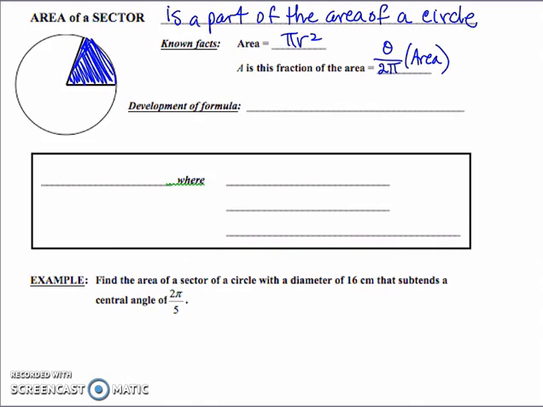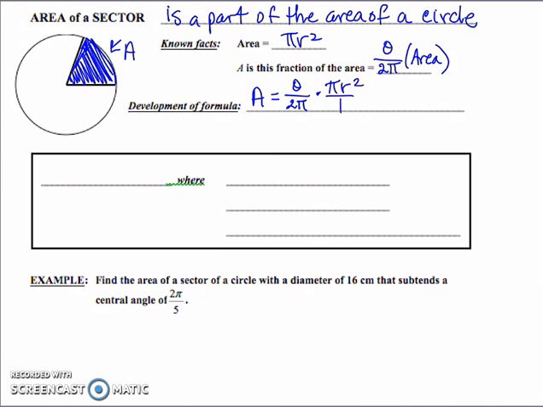We're just going to call that little sector A there. So the development of our formula for that area A is going to be equal to theta divided by 2 pi times pi r squared.